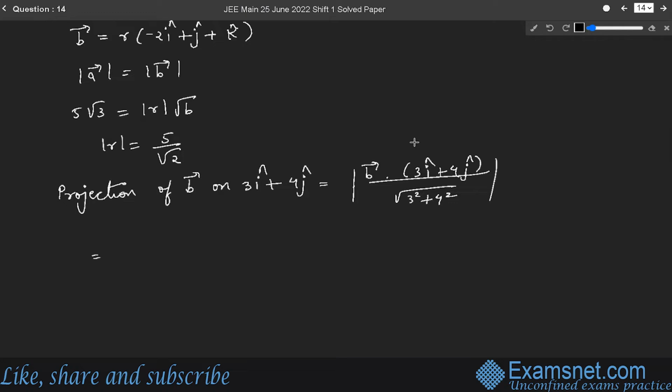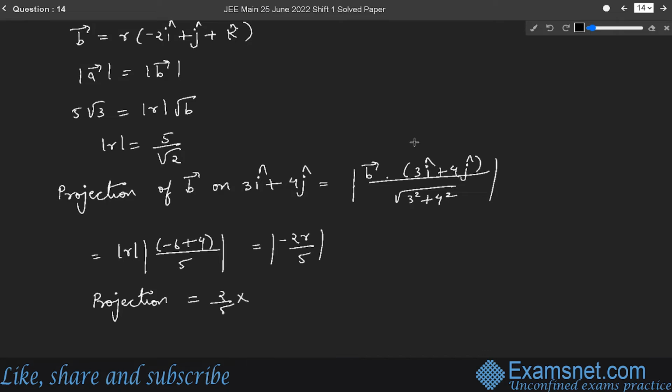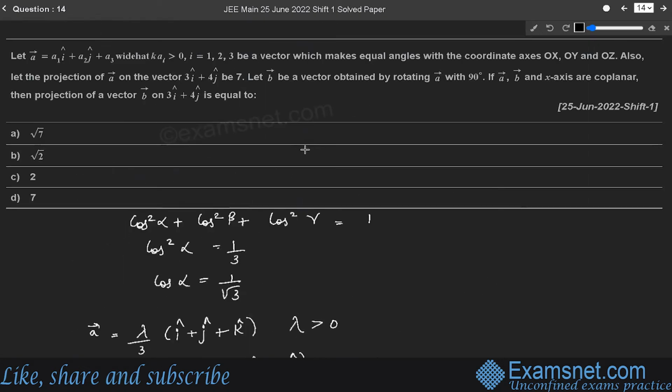So we can say that it will be equal to modulus of r into modulus of (minus 6 plus 4) divided by 5. So this will be equal to mod of minus 2r divided by 5. So projection will be equal to 2 by 5 into 5 by root 2. On rationalizing, 2 by root 2 will be equal to under root of 2. Therefore, the correct answer for this question is root 2, which is option number B here.